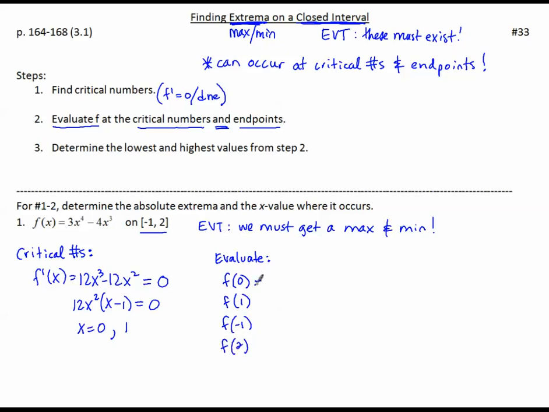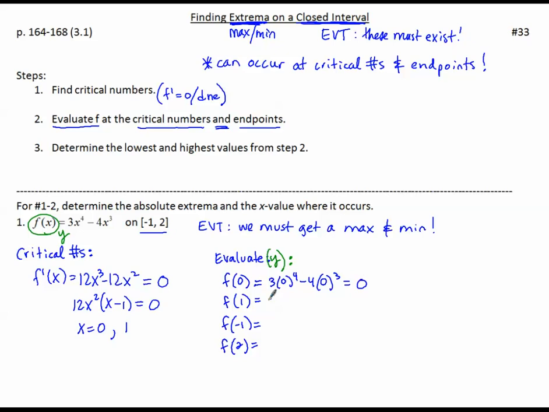Remember that we're looking for the highest and lowest function values. Maxes and mins mean the highest and the lowest. This is the y value, so I'm evaluating the y coordinate, plugging into what y equals. So that's 3 times 0 to the 4th minus 4 times 0 cubed, which makes 0.